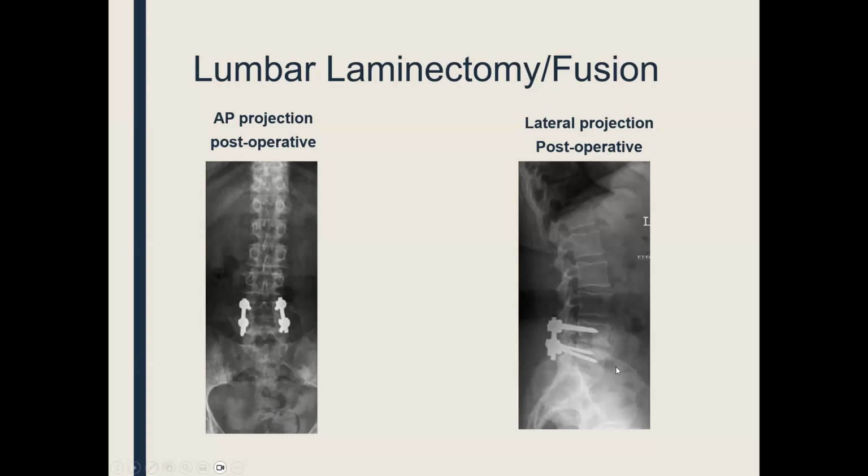You can kind of see that would be L5, so this would be L4. It looks a little bit smaller, so it seems like it may have compressed a bit there. And this lumbar laminectomy fusion is to repair that type of injury.